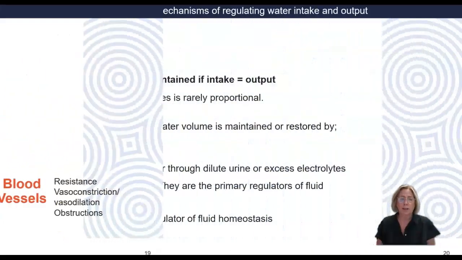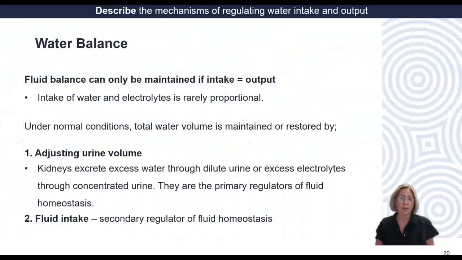So body fluid balance can only be maintained if the intake is equal to the output of fluid per day. And the intake of water and electrolytes is rarely proportional. I mean, you're not measuring out volumes of water to be equal to the number of electrolytes that are taken in fluids and also in foods.